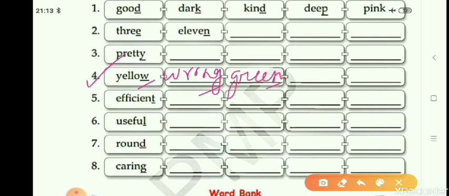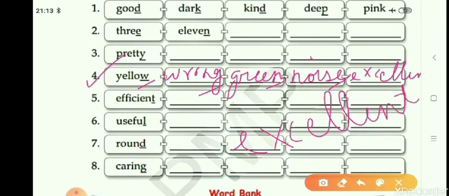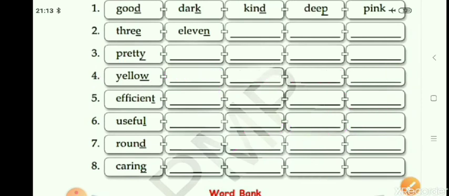Now the next word should start with N. N for noise, N-O-I-S-E, noise. The next word should start with E. E for excellent, E-X-C-E-L-L-E-N-T, excellent. Okay.